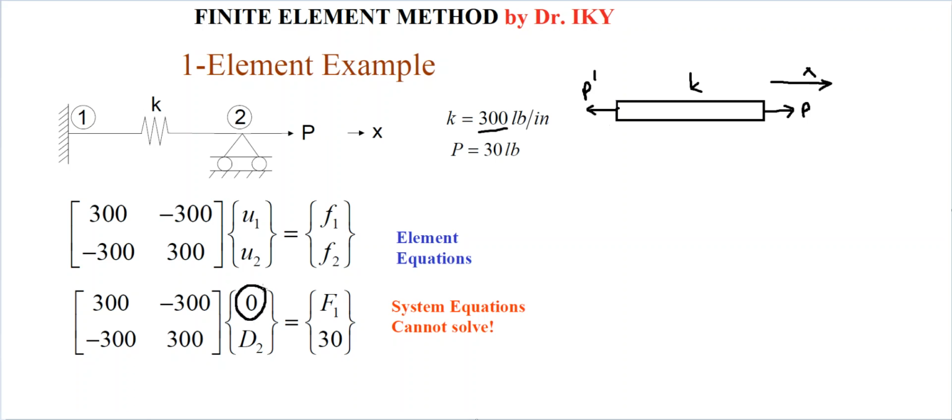Like here, U1 is a translational or displacement value. So I know that for the initial node, which is U1, and for the end node, U2, for the left-hand side, I already know that this is connected to the wall, and the deformation of the system, U1, which we can say is like D1, should be equal to 0.